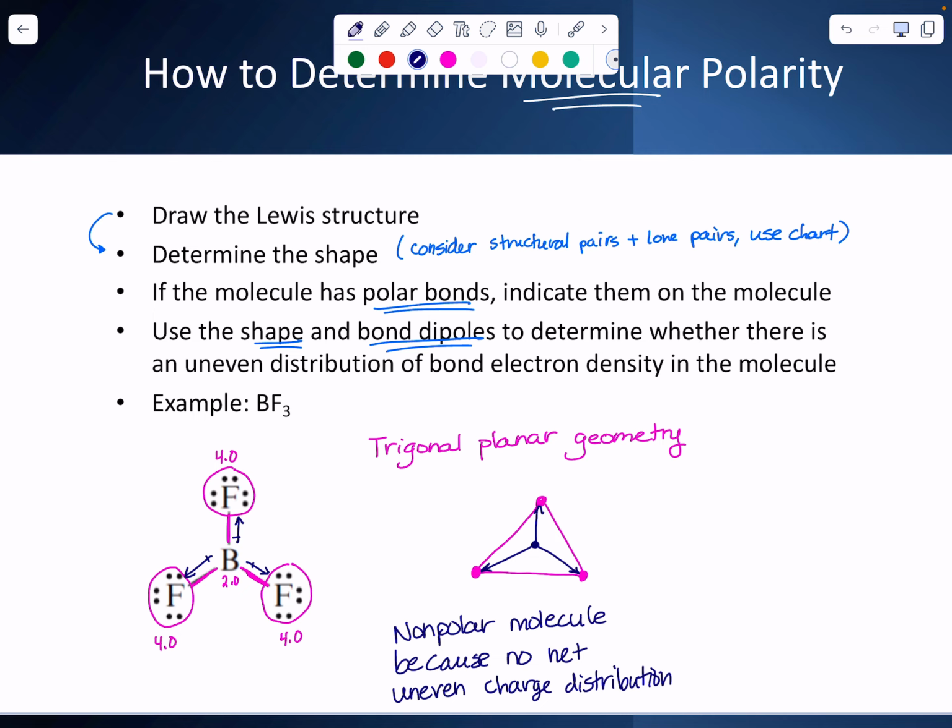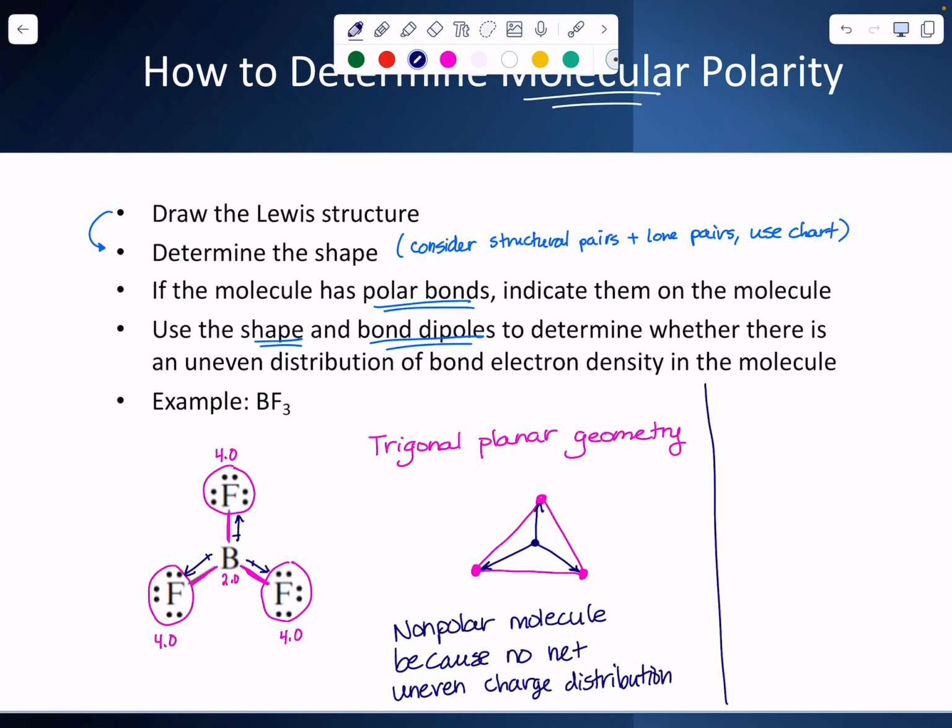All right, so let's look at another example, one where you have a carbon in the center. So this was example number 1, and example number 2 is we're going to have a carbon, and we're going to attach 4 things to it. One's going to be a hydrogen, and the other 3 are going to be fluorines.